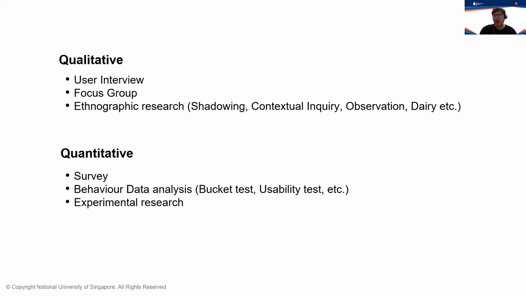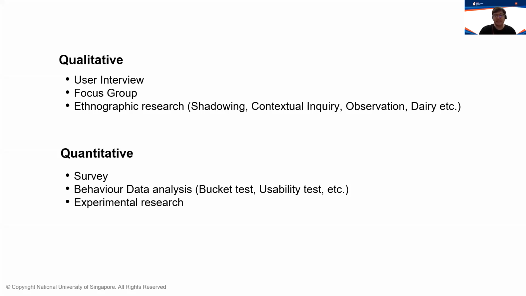And the other one, this one is hardly practiced in the industry, but I think it's relatively important, is called experimental research. That means that no matter what kind of research you're conducting, you really have to set up the goal and also the comparison groups, and do it not just once, but retry it over time.